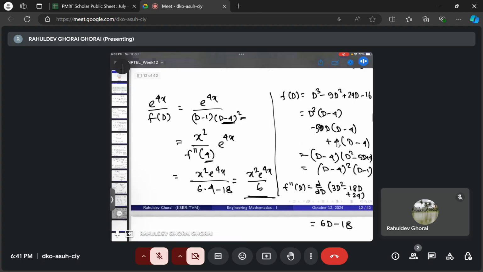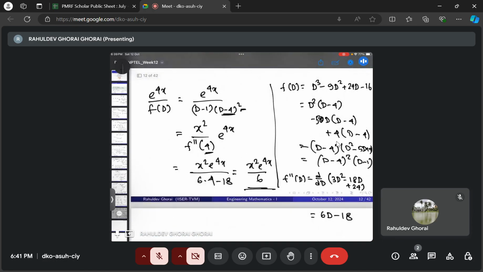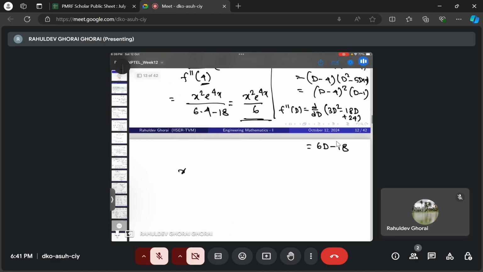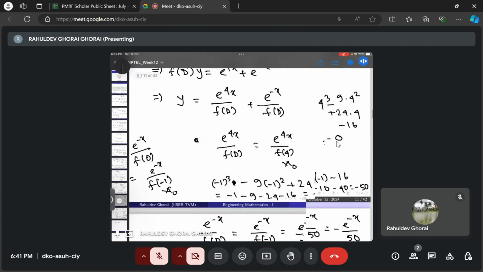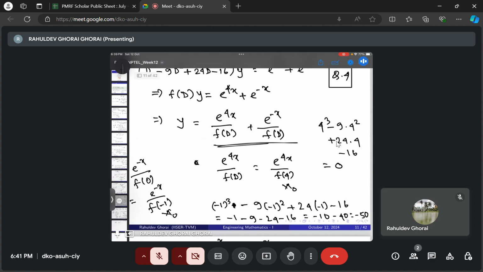So you just have to find it like this. So the solution will be x squared e^(4x)/6 minus (1/50) e^(-x). So the solution is the addition of two functions.